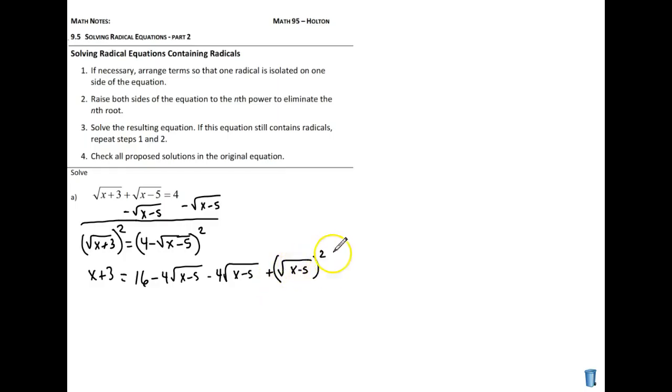But those square root and square will cancel. So I get x plus 3 equals 16 minus 8 square root of x minus 5 plus x minus 5.